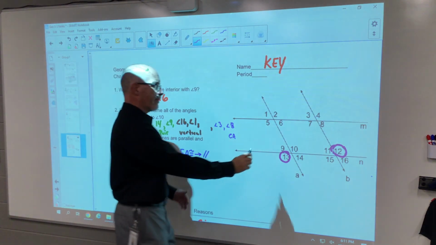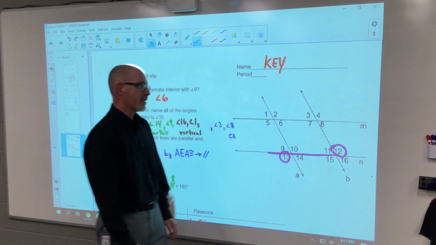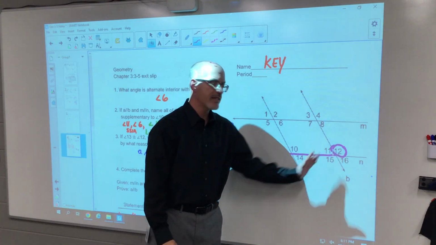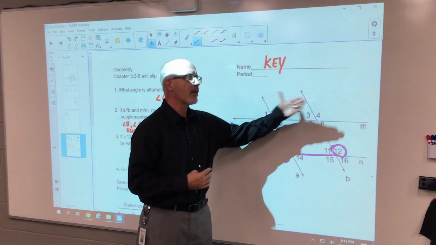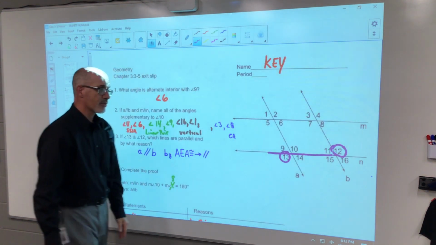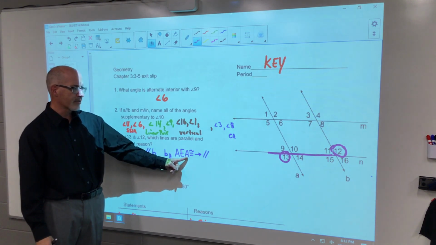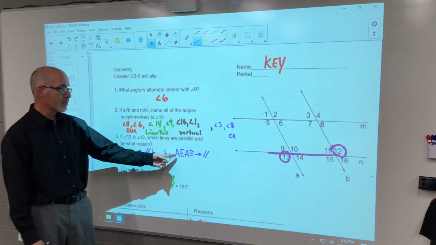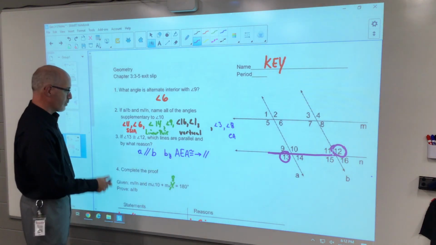Notice that this would have to be the transversal to get from there to there. So A and B are our two parallel lines, and these angles are exterior and on opposite sides of the transversal. So 13 and 12 are alternate exterior angles. That leads to the lines being parallel. You could also use alternate exterior angle theorem as the title for that one.